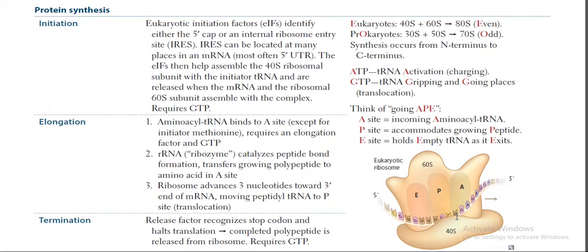The first tRNA, which is bringing the methionine, is always fixed on the P site so that it will welcome the second tRNA to the A site and associate with it by peptide bond. The amino acid of the P site tRNA molecule will join by peptide bond with the amino acid of the tRNA molecule in the A site.